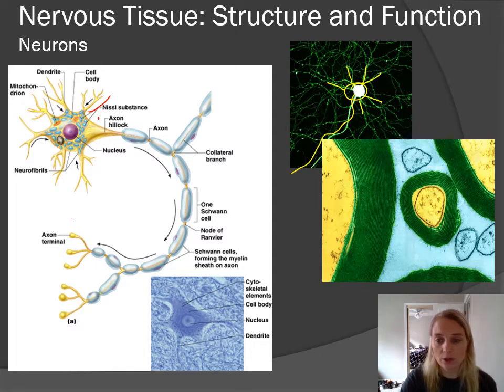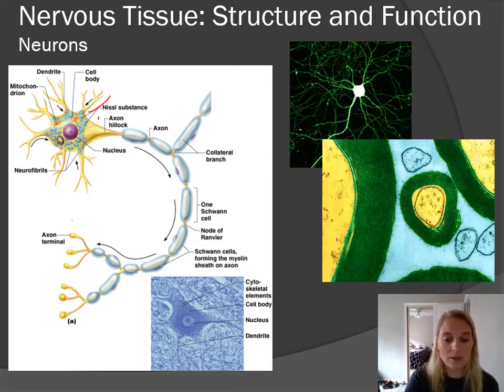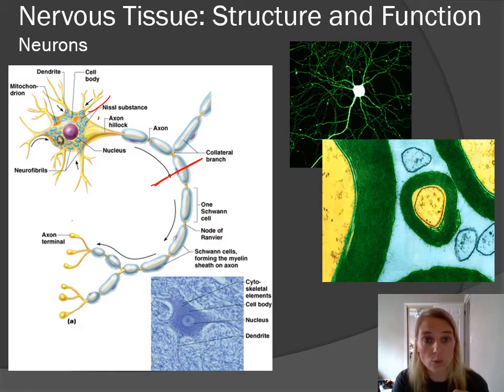The other picture that we see here is a cross section of the axon. So let's say I was going to take a section right through that part of the axon, through that Schwann cell. Remember I mentioned Schwann cell in the last video. It is the cell that does the myelination on these peripheral neurons.